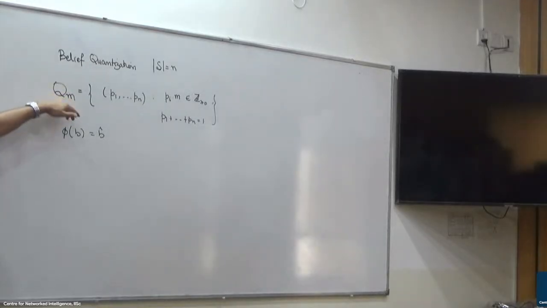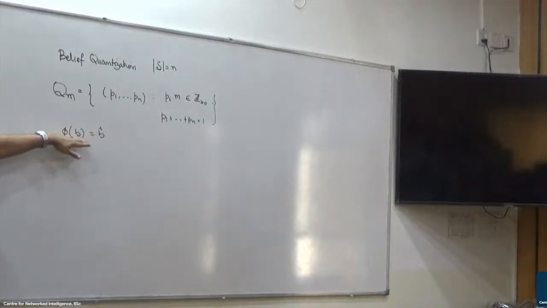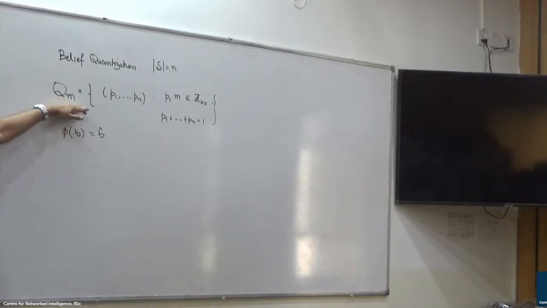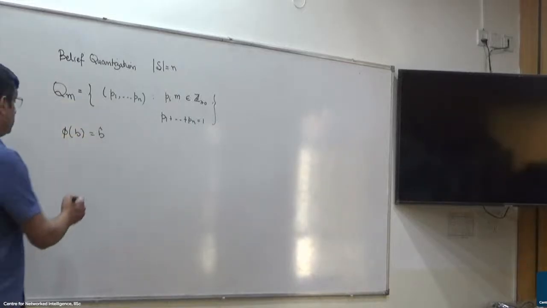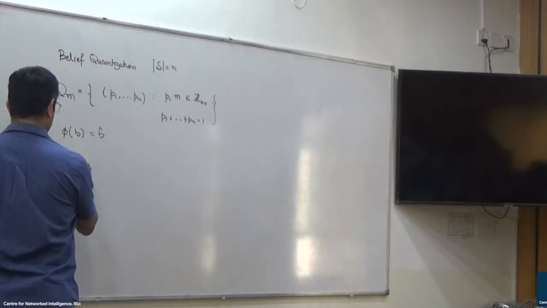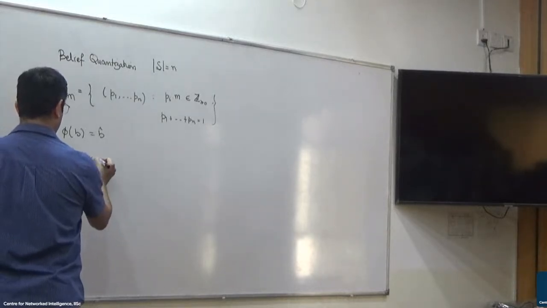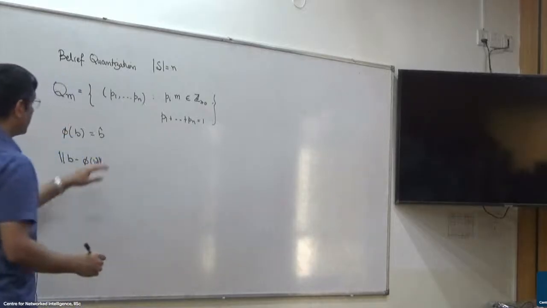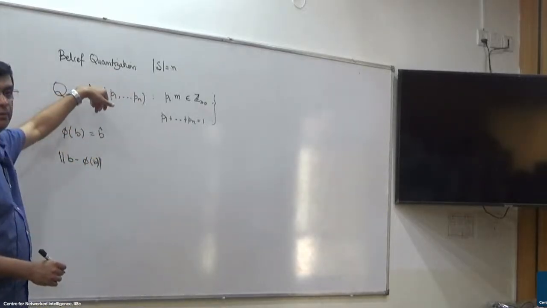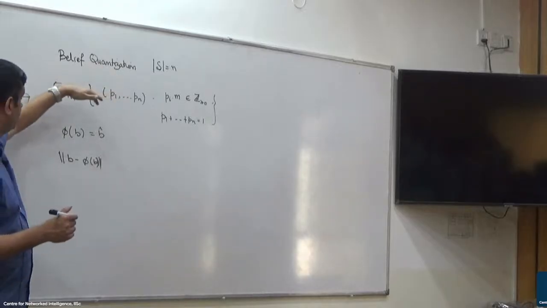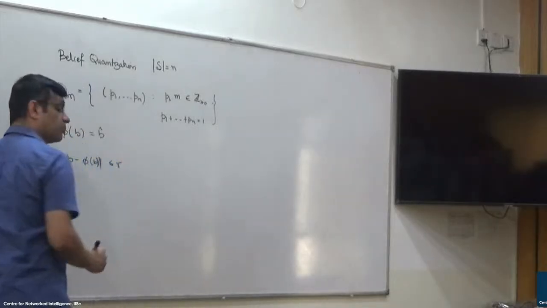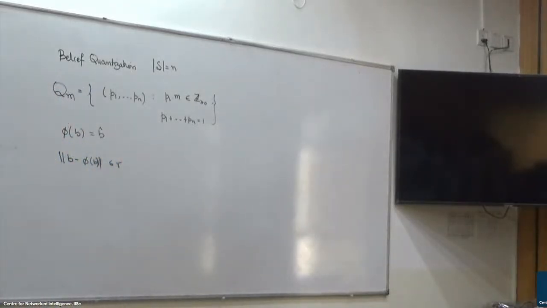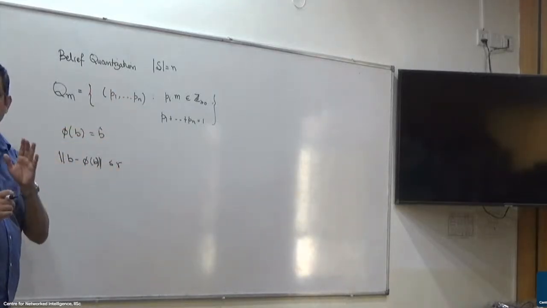One of the things you can show is it's relatively efficient to find the closest quantization point, and you can characterize the L1 distance between b and phi of b. There's an exact expression in terms of n and m, but the claim I'm going to make is, if I make m large enough, I can make this less than or equal to some quantization radius r. That should be intuitively obvious. The exact expression we don't care about for the purpose of this.